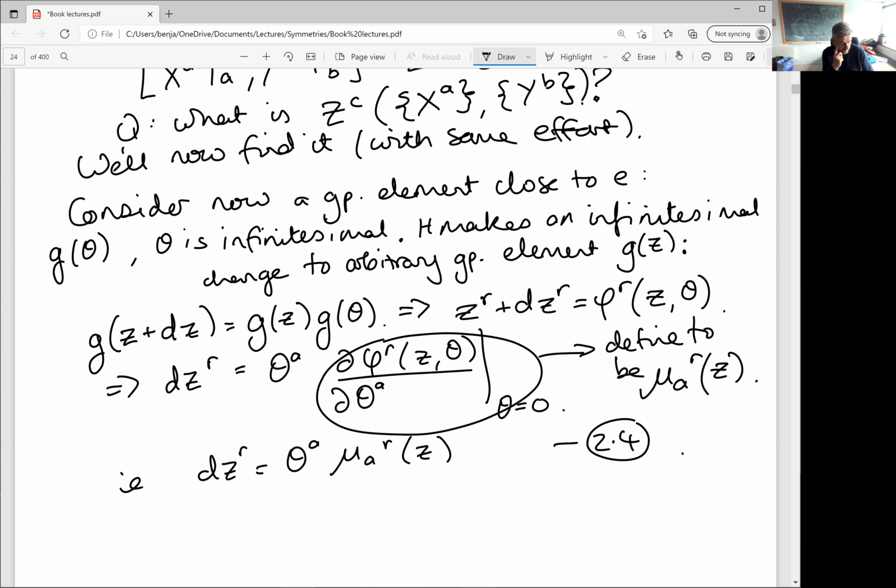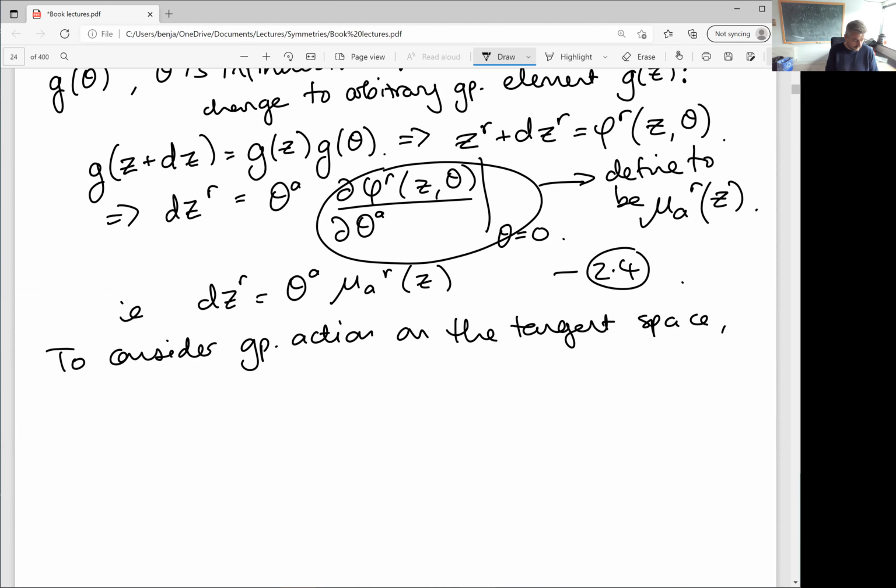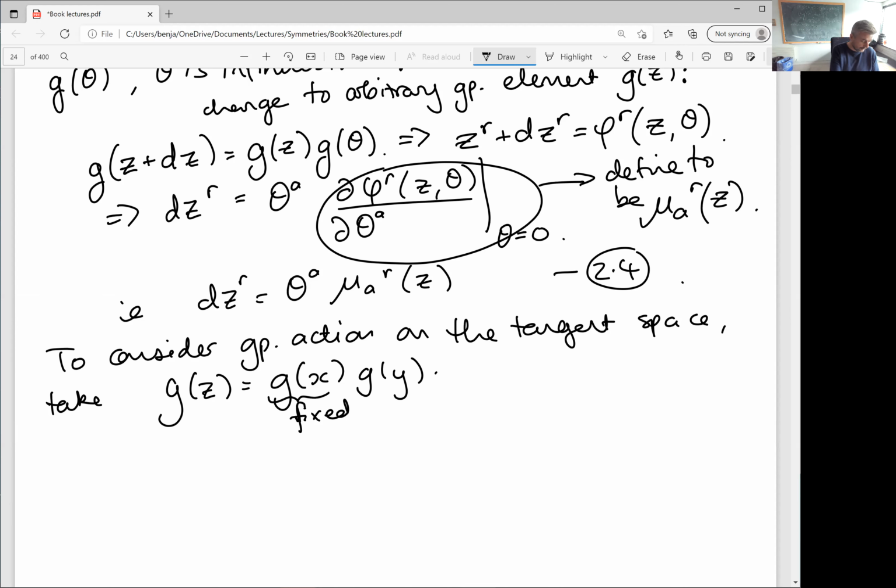Now we consider the group action on the tangent space. So we take a group multiplication rule. So g_z is g_x g_y, but we fix g_x. We consider this to be a fixed group element.